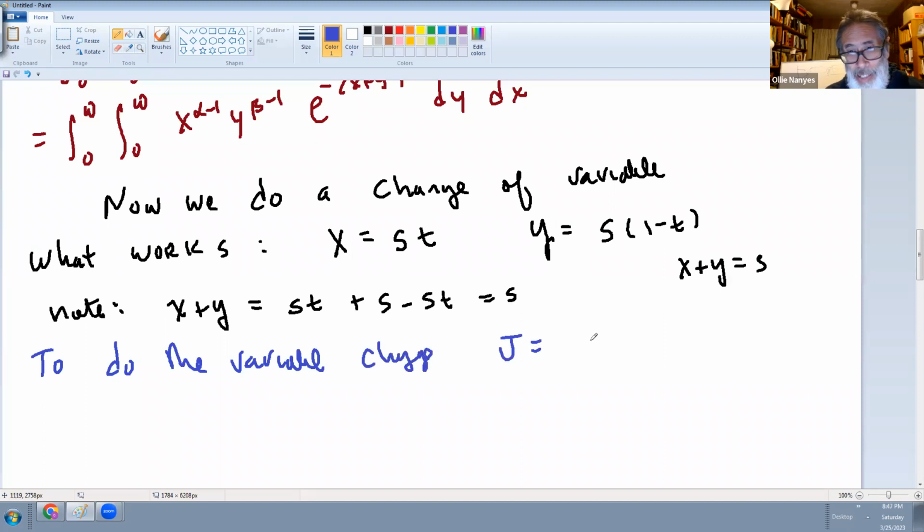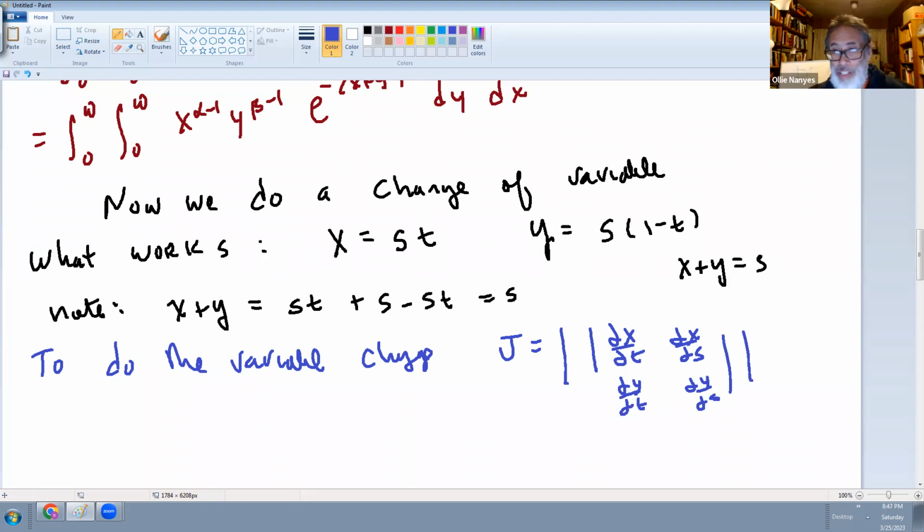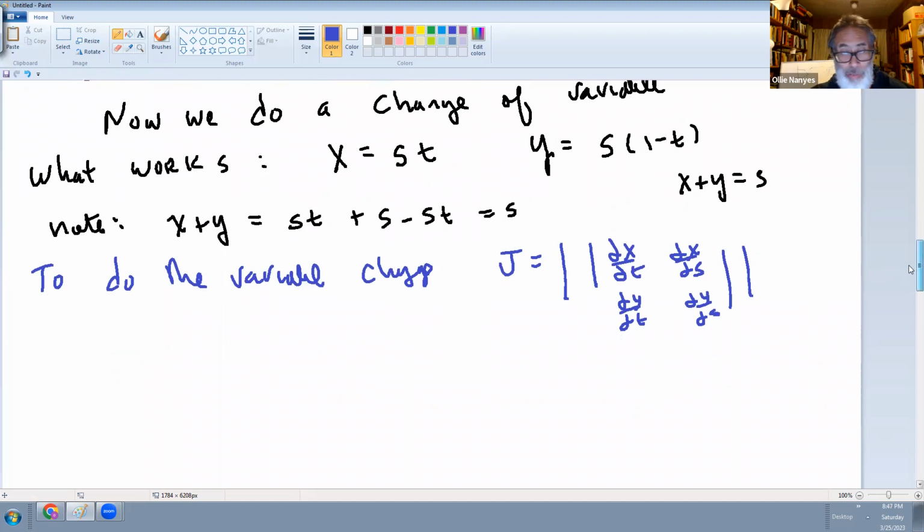We need to calculate the Jacobian, which is the absolute value of the determinant of the matrix of the partial of x with respect to t, the partial of x with respect to s, the partial of y with respect to t, the partial of y with respect to s. If you're new to this, think about when you did polar coordinates in calculus: your dy dx became r dr d theta.